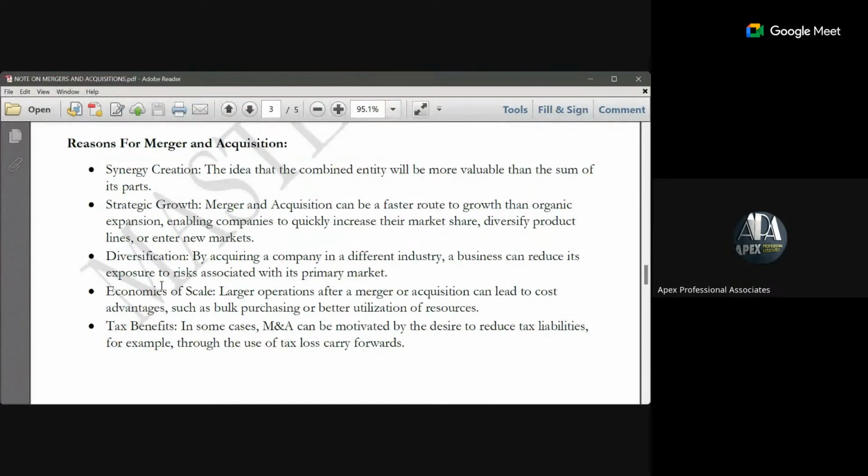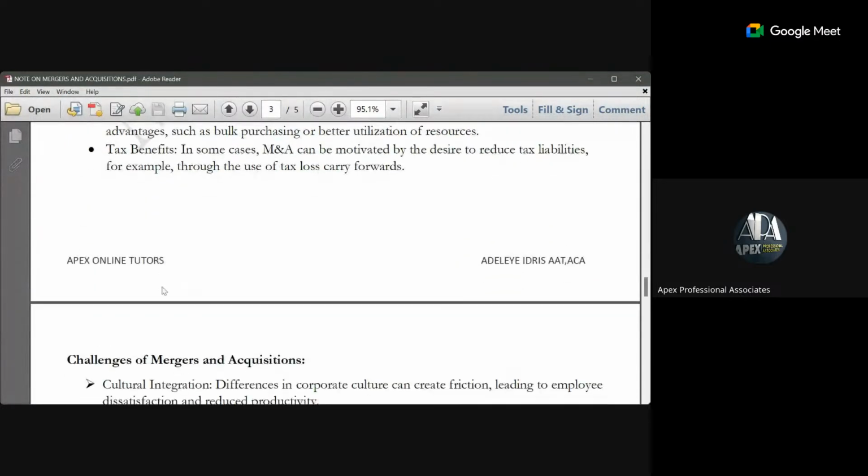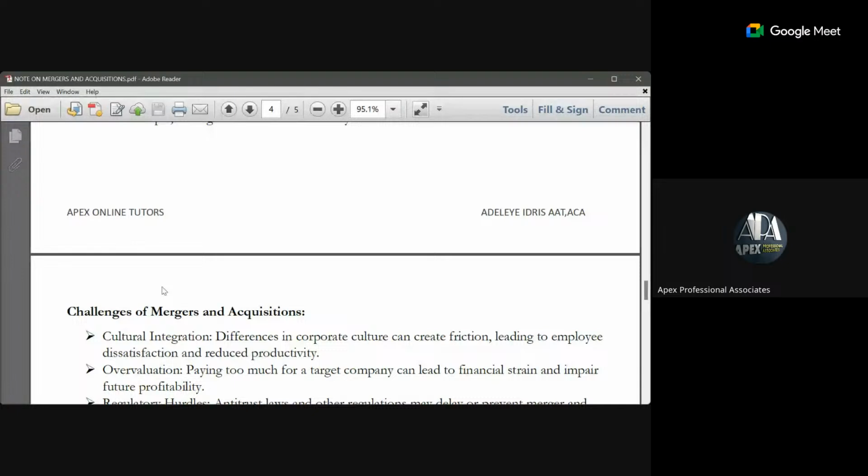Company A can decide, okay, let me take advantage of this. Let's acquire or let's merge these businesses. When we merge the businesses together, the tax loss brought from the other company would be used by the merged company or the acquired company to operate, and it would be to their own benefit because they would be able to reduce their taxes accordingly. So these are reasons why companies consider mergers and acquisition.